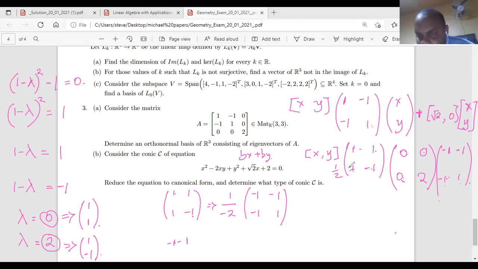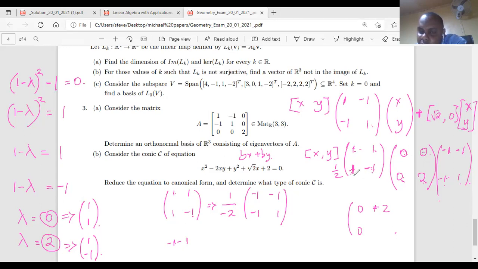So the equation of diagonalization is D equals the eigenvector matrix times A times the inverse of the eigenvectors.